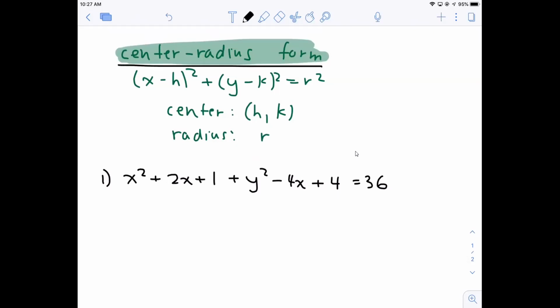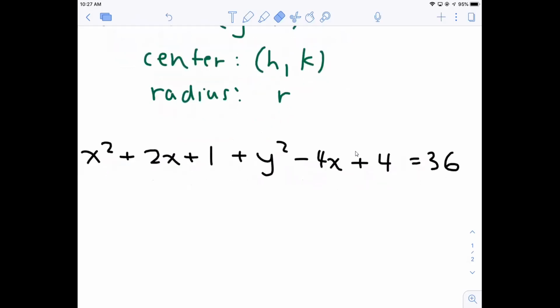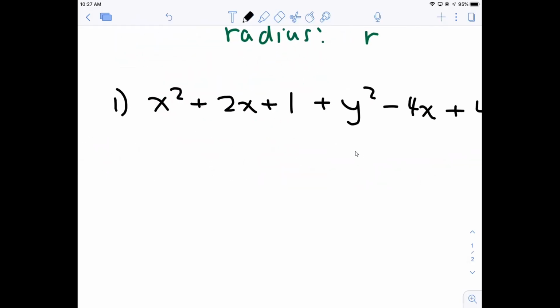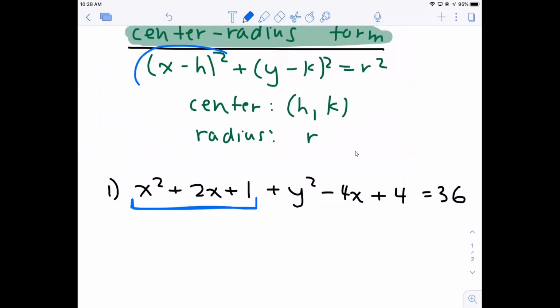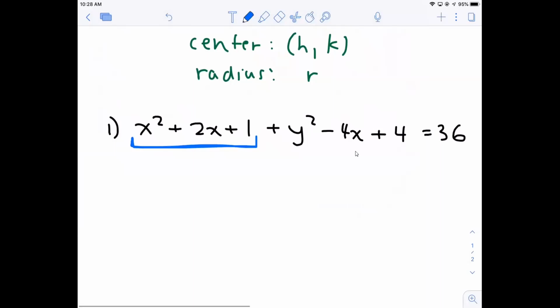So how can we make this look like that so we can find the center and the radius? Well, if we group these first 3 terms, think about what we could do to make it look like x minus h squared. We're going to factor.